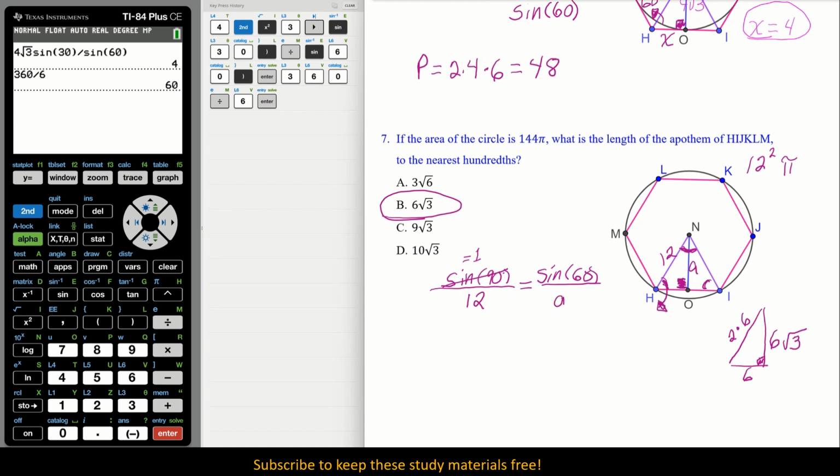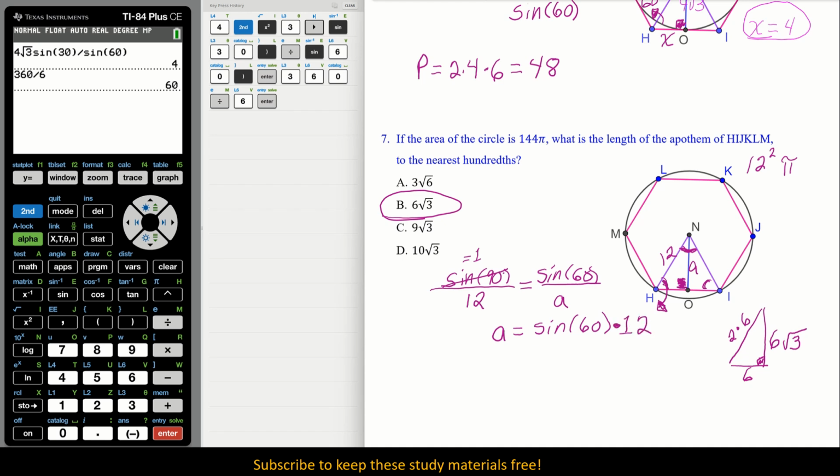Apothem, I want to find out. Okay, so that means we have a equals sine of 60 times 12. Did I do that correctly? Yes.